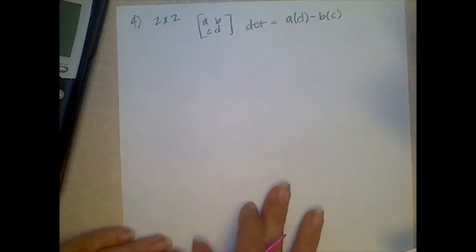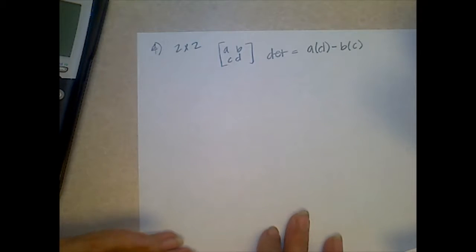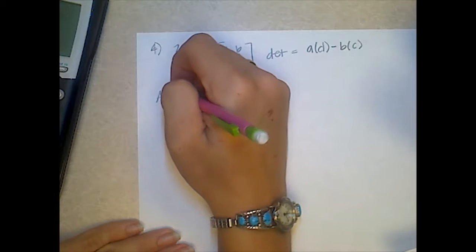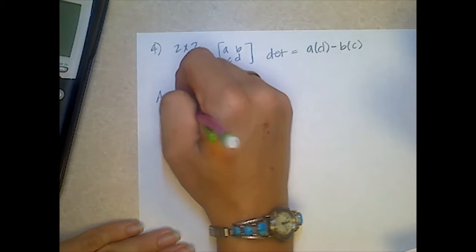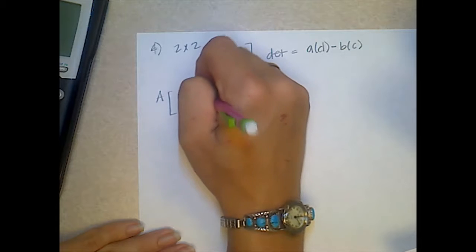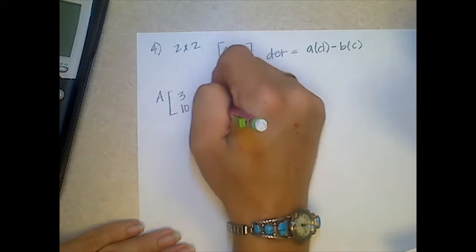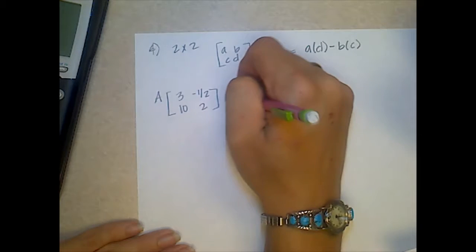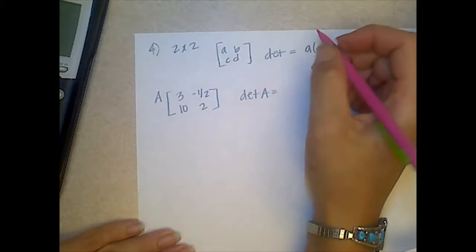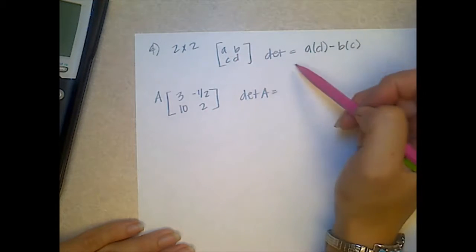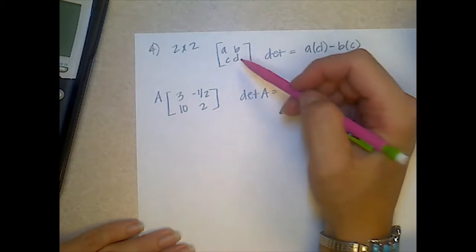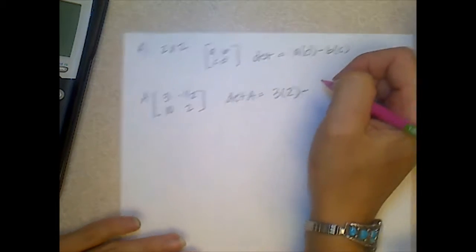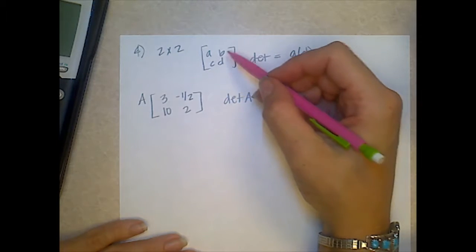So, I'm going to do one of these matrices and let you guys do the other. Matrix A is 3, negative 1/2, 10, 2. I just got that off of your review. So the determinant of matrix A, you're going to have to remember the order. It's A times D, so it's the top left and the bottom right. 3 times 2 minus B times C, which is top right, bottom left.